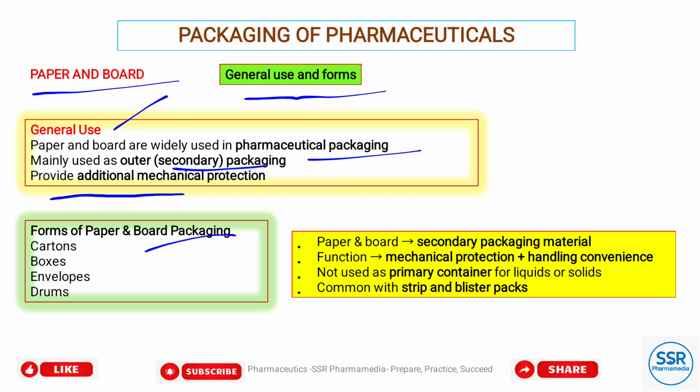Forms of paper and board packings are cartons, boxes, envelopes, and drums. Papers and boards are secondary packing material. Their function is mechanical protection and handling convenience. They are not used as a primary container for liquids and solids, and are common with strips and blister packs.